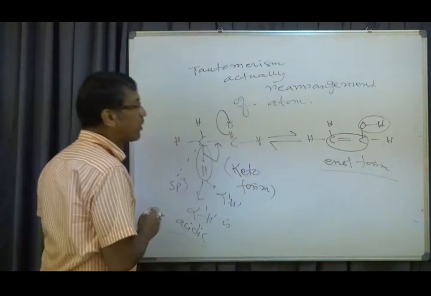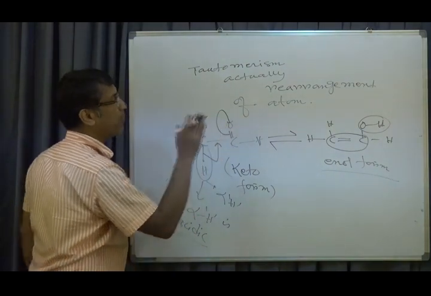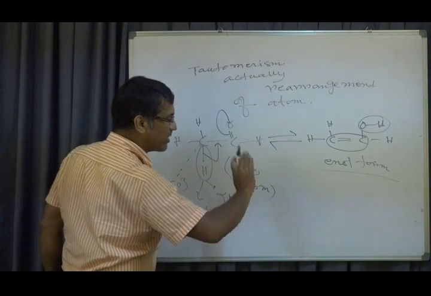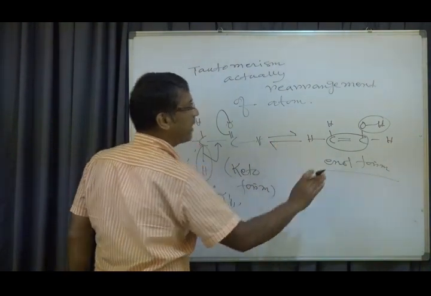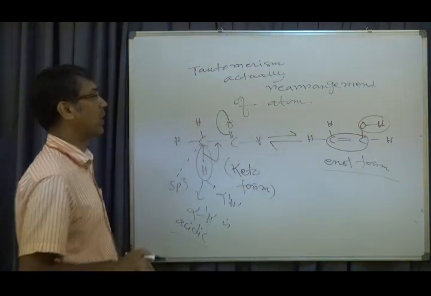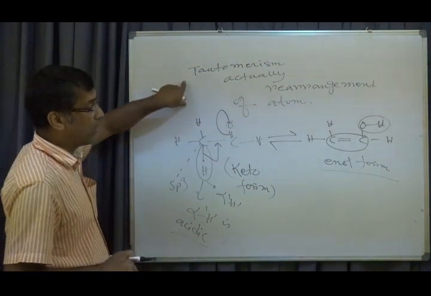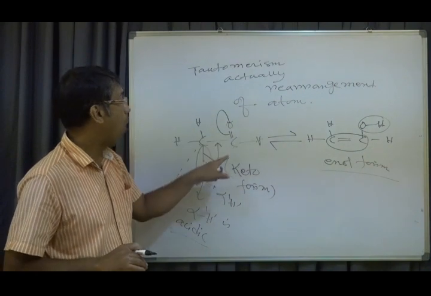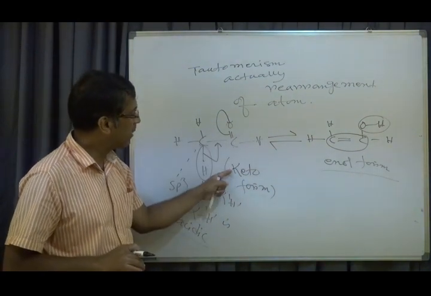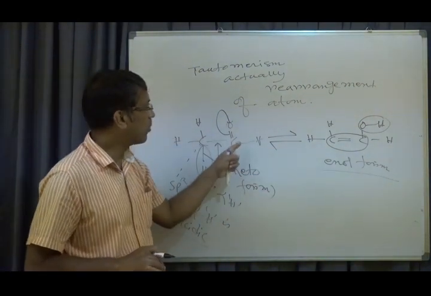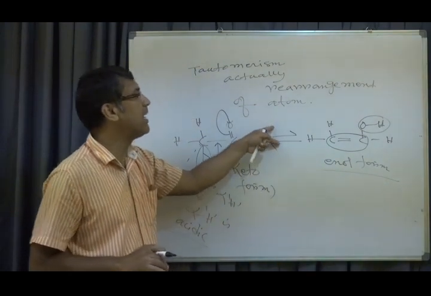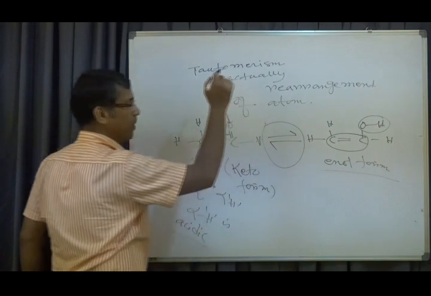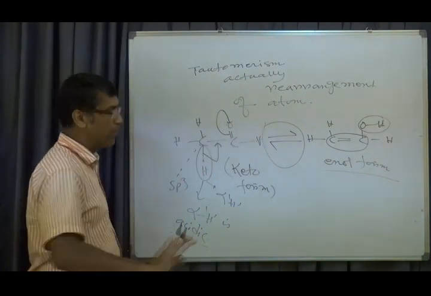This type of tautomerism is known as keto-enol tautomerism. Another important note: all the tautomers, that is keto form and enol form, are in dynamic equilibrium.